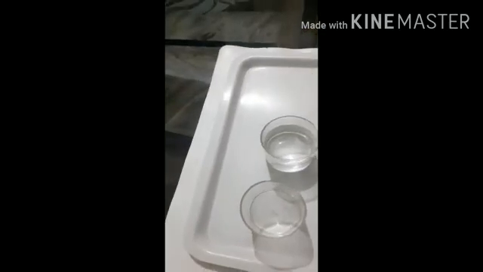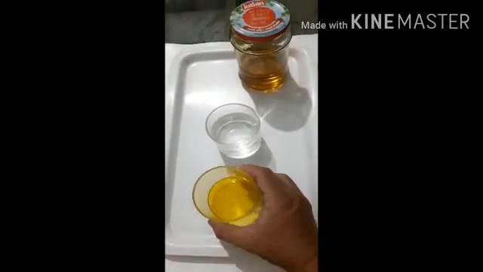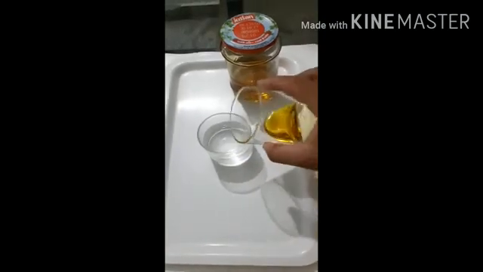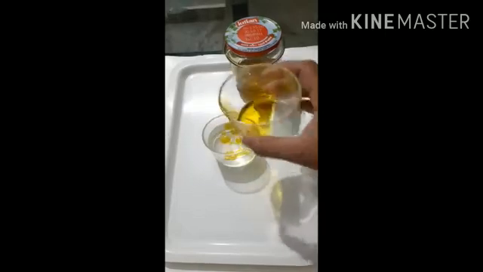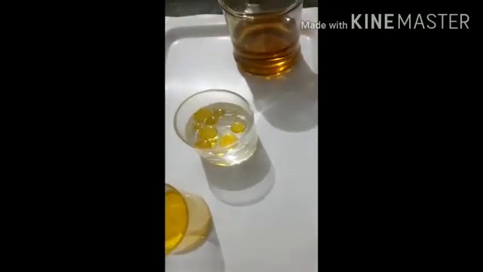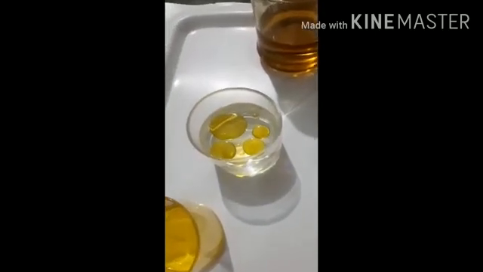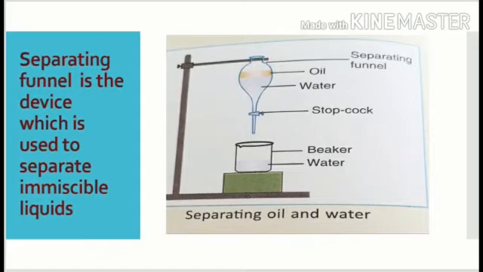I am going to put some of the mustard oil in the empty tumbler. Okay, this is. Now I am going to pour some of the mustard oil in water. It means mustard oil is a liquid, water is a liquid. Now see what happens. Oil is not mixing with water and forms a separate layer. Such types of liquids are known as immiscible liquids.